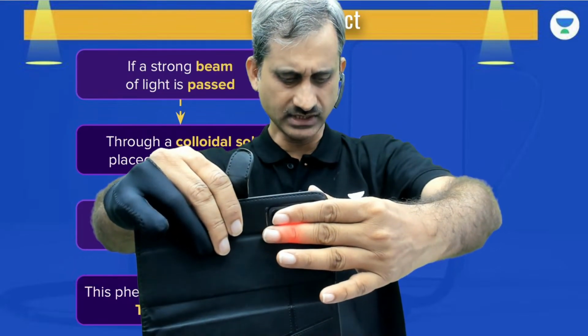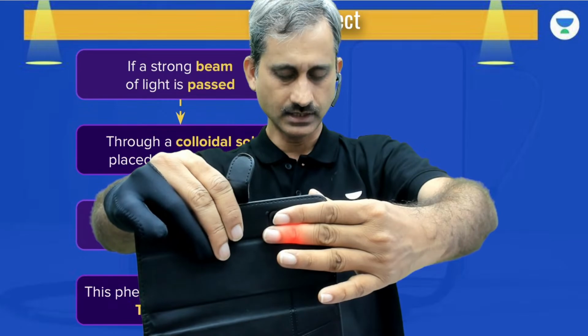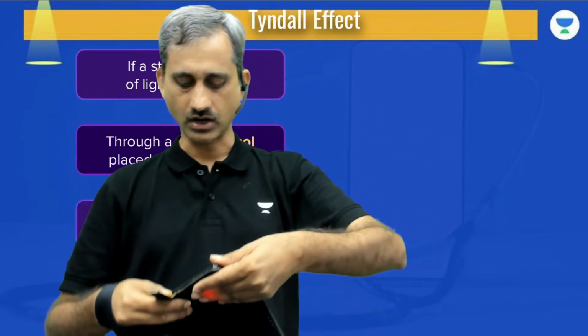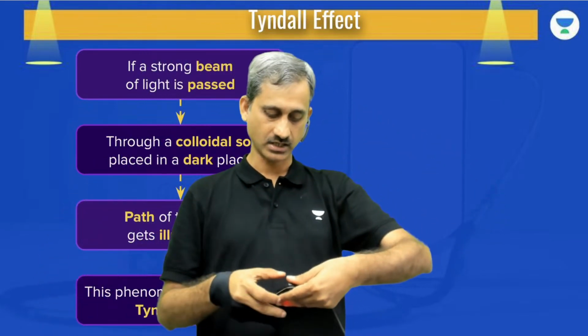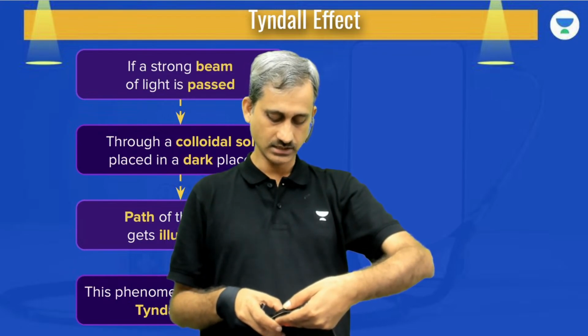Here. Can you see the glow in my finger? The glow in my finger is because of the Tyndall effect, because blood is a colloid.